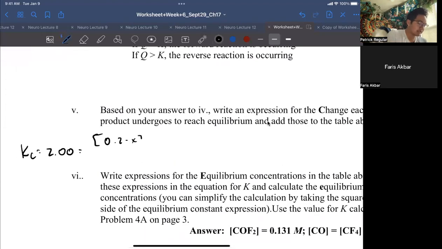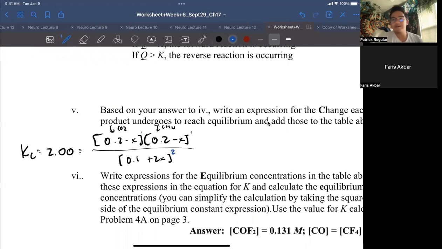0.2 minus X times 0.2 minus X, because remember, this was our relative expression for CO2 and CF4 to the first power, over 0.1 plus 2x to the second power. Well, look here. It's exactly what we did before.